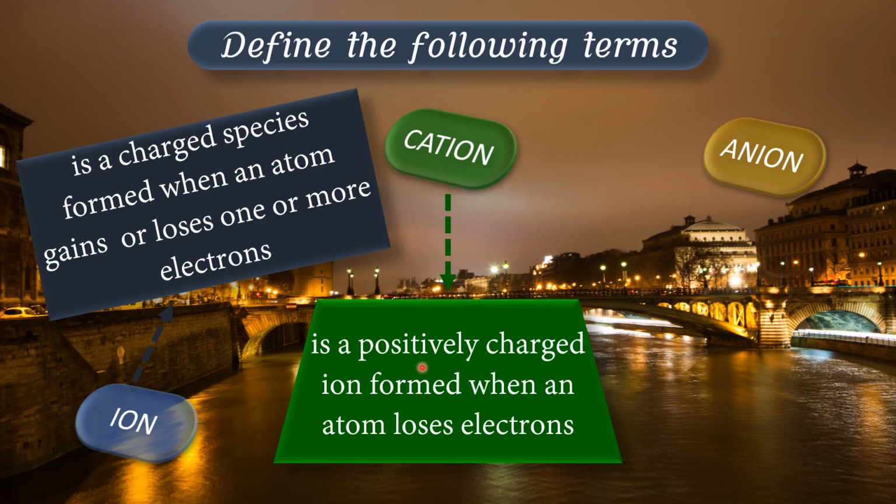Therefore, the atom acquires a positive charge. And when it becomes positively charged, now we no longer call it an atom, now we call it an ion. And that ion, which is positively charged, is the one that we call a cation.